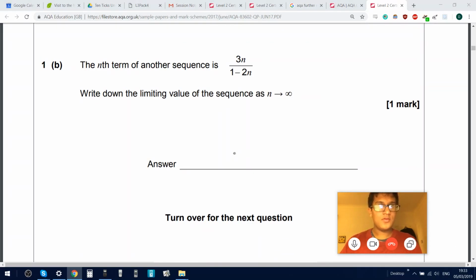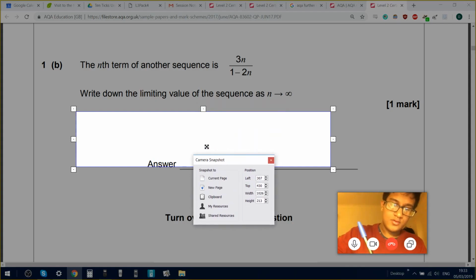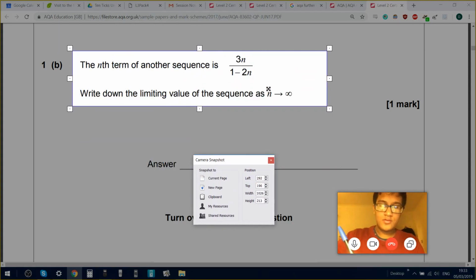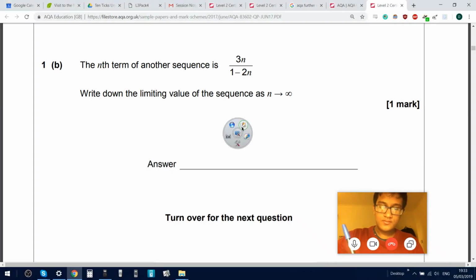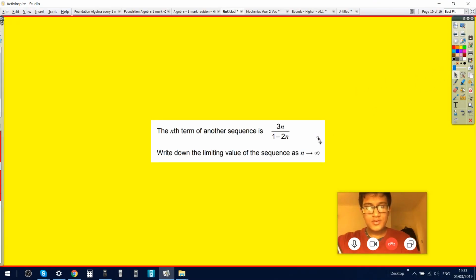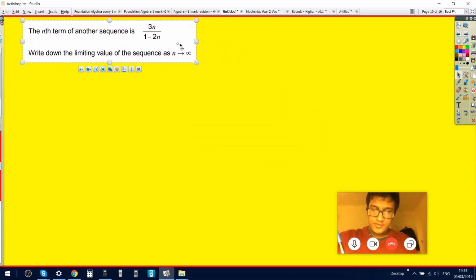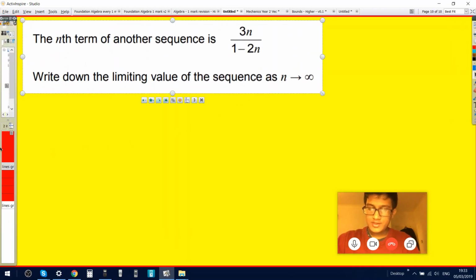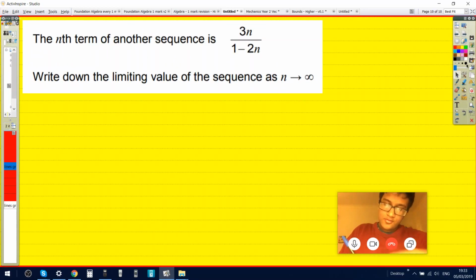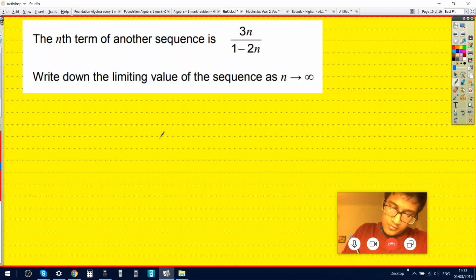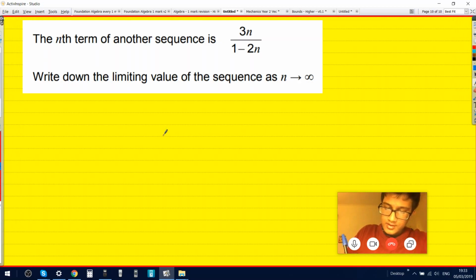Okay, how about this one? So as n tends towards infinity, 3n over 1 minus 2n tends towards 3n over 2n. Is that right?